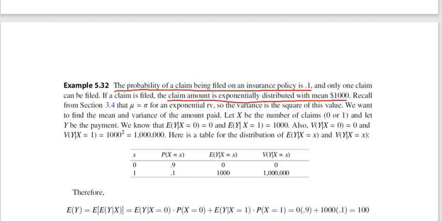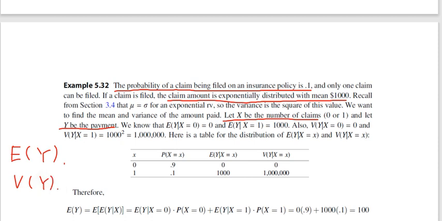Okay, so what we want to find here: let X be the number of claims and Y be the payment. So we want to find the average payment E(Y) and V(Y).